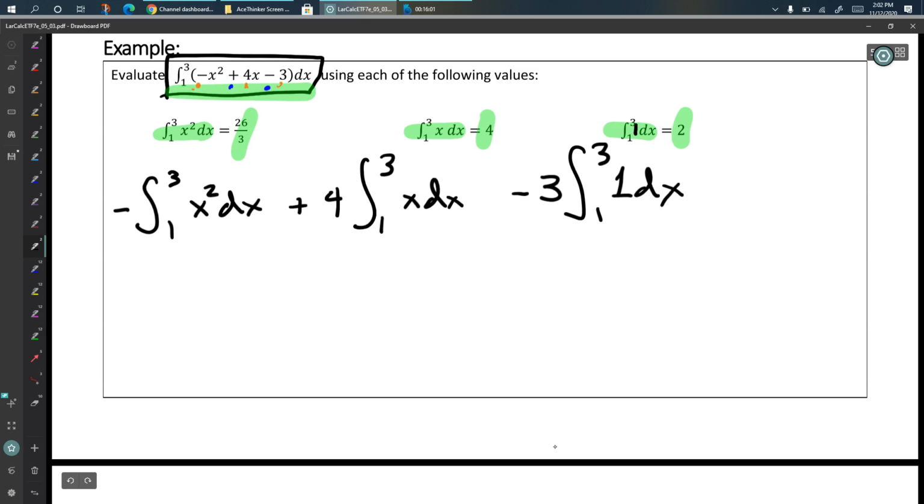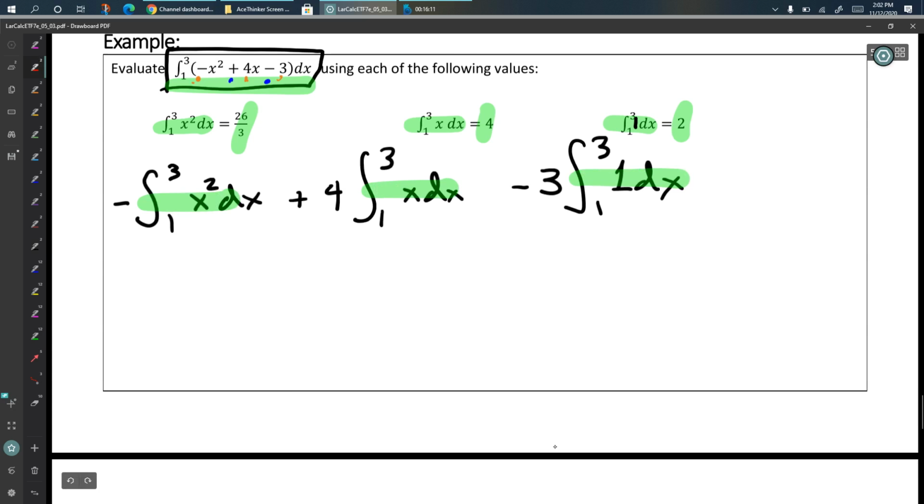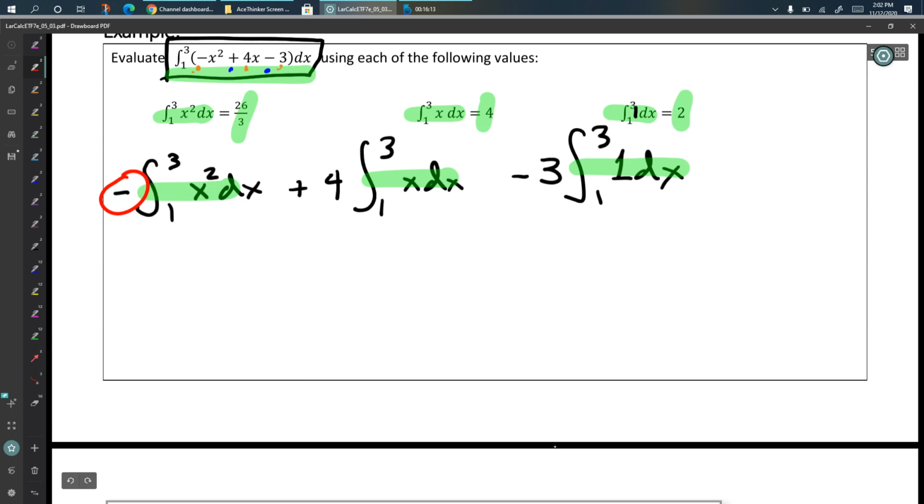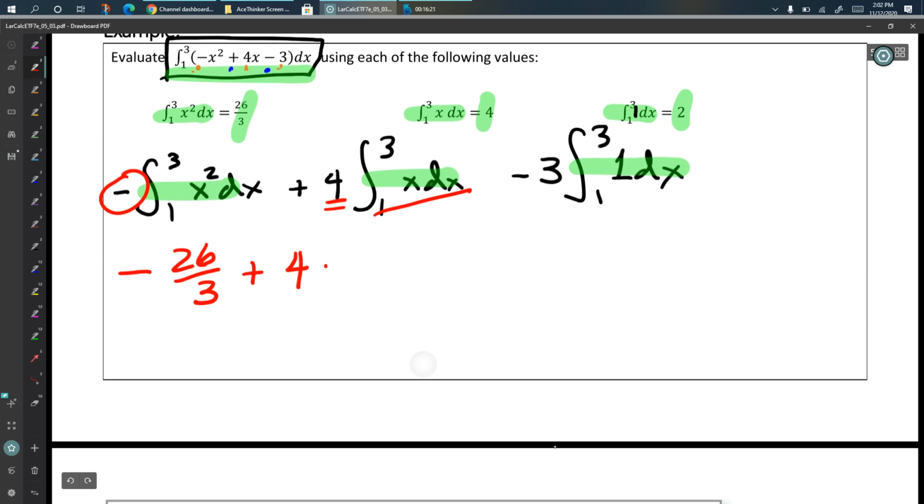And now, this will get replaced with 26/3, this will get replaced with 4, and this will get replaced with 2. The value of those integrals. The negative stays, so I've got negative 26/3 plus 4 times 4, okay, that's that 4, that's the value of the integral, minus 3 times 2.